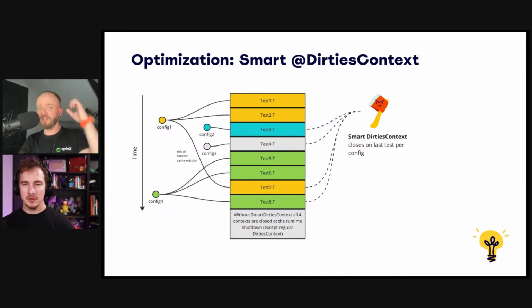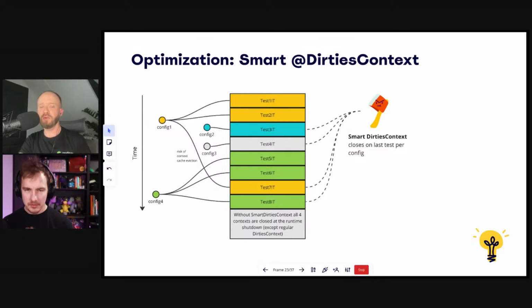So what advantage does it give us? We know which classes are the last that use the same configuration. For example, for the yellow configuration, we know that after test 7, it will not be used anymore. The same for this one. Test number 3 will create the context associated with this configuration, but on the next execution, it's not needed anymore.